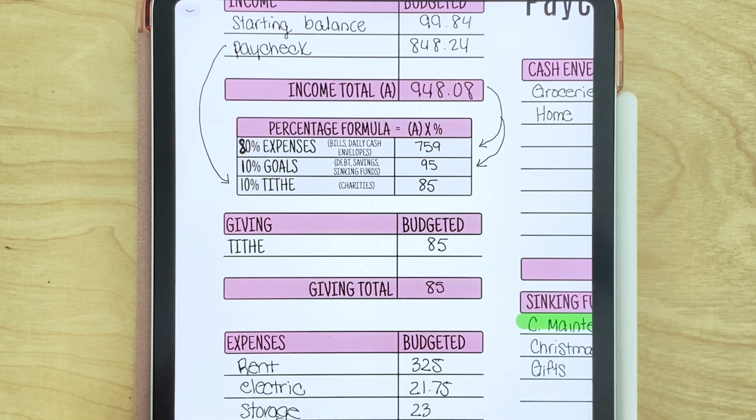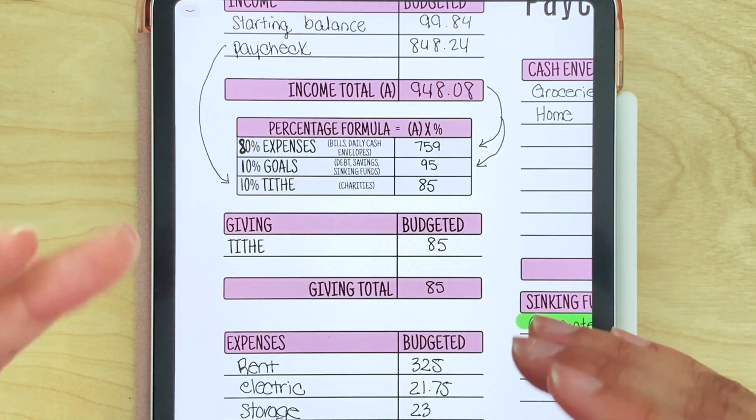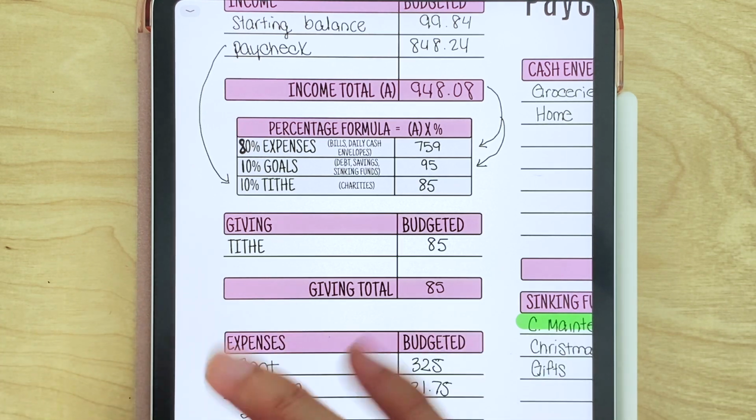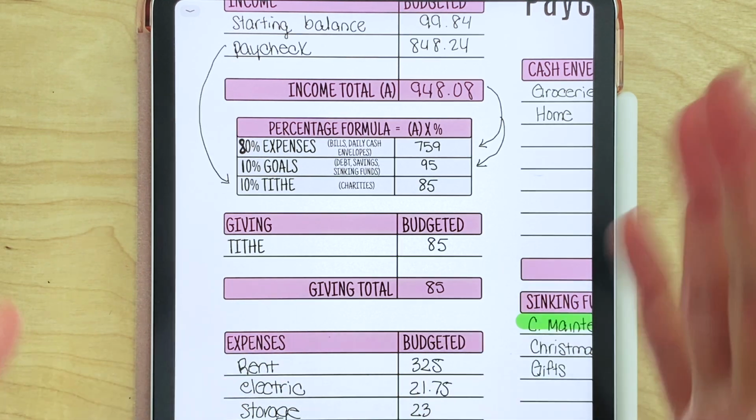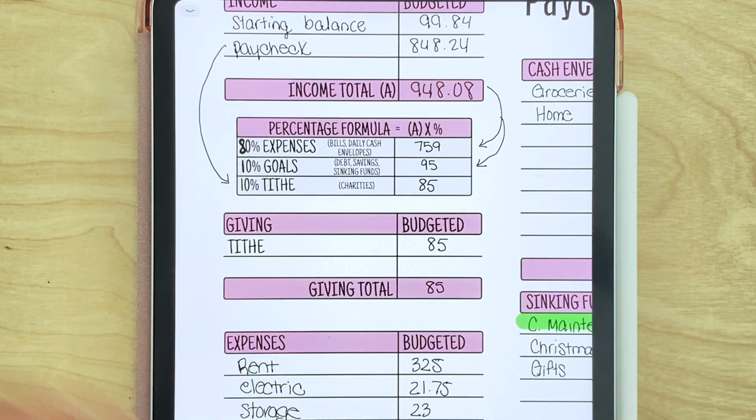What we consider expenses is anything that is leaving our hands. That is for your bills, that's for your daily cash envelope use. If you are a cash envelope user, your regular spending, that is what we consider an expense. That's leaving your possession, right? It's getting out of your hands.